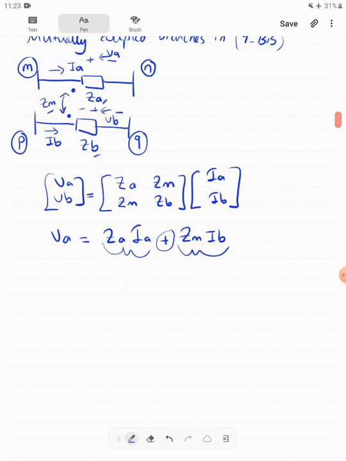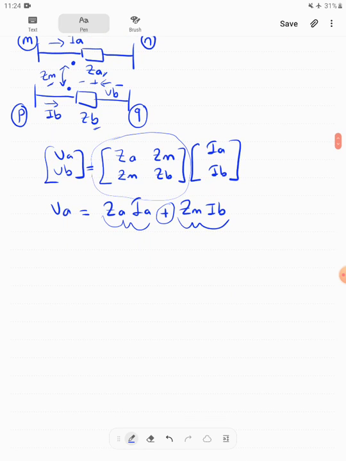After writing this matrix equation, since this is a square matrix, we can find its inverse. This is the impedance matrix, because this is the voltage vector and that's the current vector, so this is our impedance matrix of this small transmission system. So if we find the inverse of this square matrix, we can find the bus admittance matrix of this small power system.